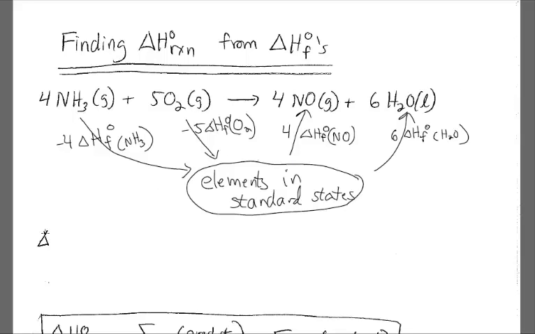So we can say delta H reaction is going to equal, and I'll start with the positive parts, 4 times delta H of formation of NO plus 6 times delta H of formation of water. Okay, so that's these two.